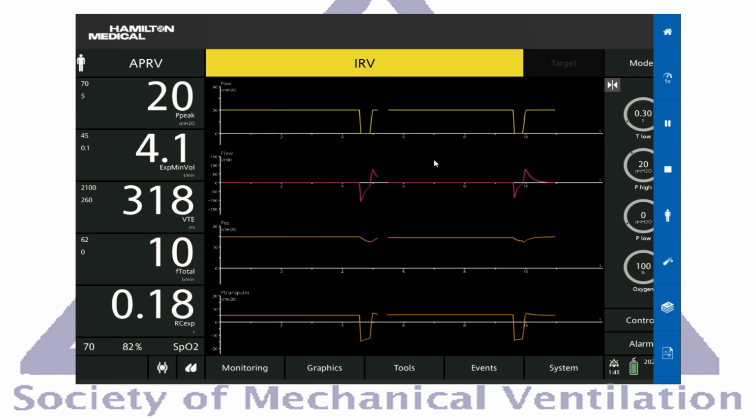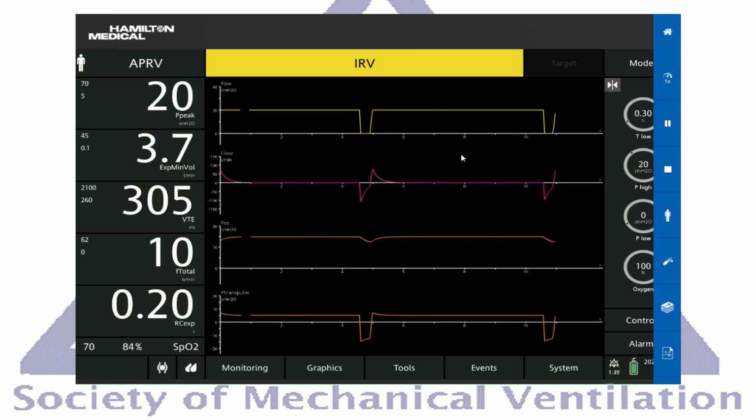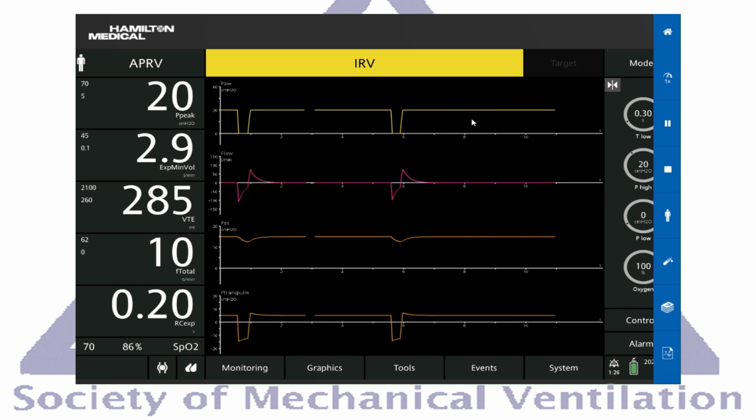That patient again is passive, so that's why you don't see any spontaneous flow. Usually in APRV you want to have the patient having some inspiratory effort to get about 20-30% of the minute ventilation, but that module doesn't let the patient be active.